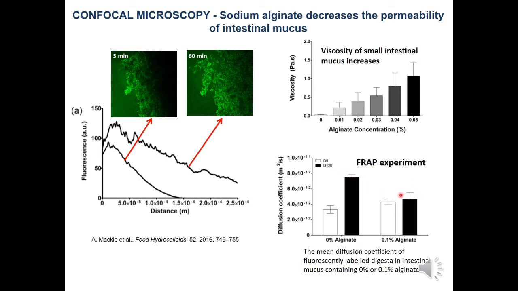The diffusion coefficient of lipids was reduced significantly relative to the control mucus. This can suggest that such a modification of the mucus layer can be a promising strategy in reducing lipid uptake in the small intestine.